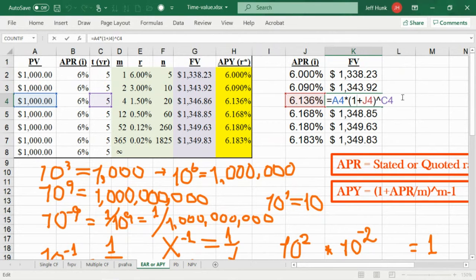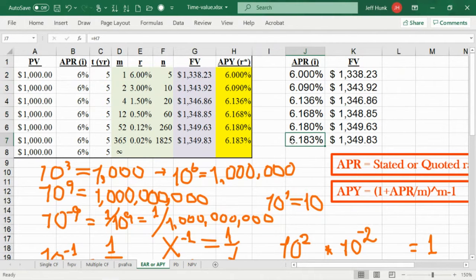The rate is annual, compounded for 5 years, and this interest rate will take you to this future value, just compounded annually. This interest rate will take you to this, just compounded annually. So that is APY. Okay, so the check worked.